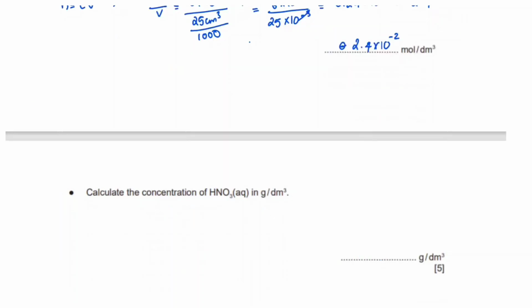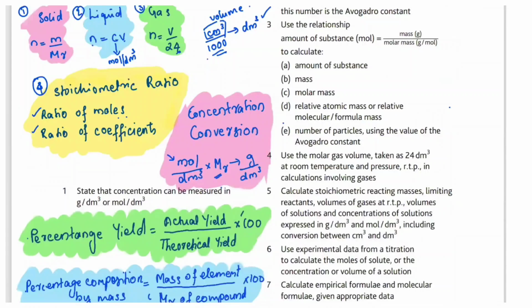The last step of this question is to calculate the concentration of HNO3 in gram per decimeter cube. We have already seen the conversion of concentration from mole per decimeter cube to gram per decimeter cube. What we do is we just multiply the value in mole per decimeter cube with the MR of the substance.